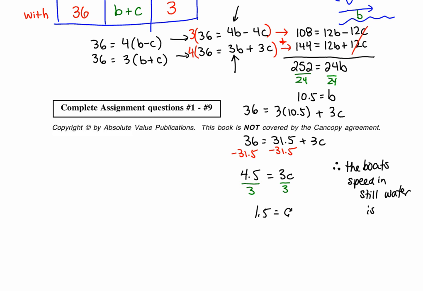What is it? Nobody knows? 10.5 what? Kilometers per hour. The current speed is 1.5 kilometers per hour. Okay?